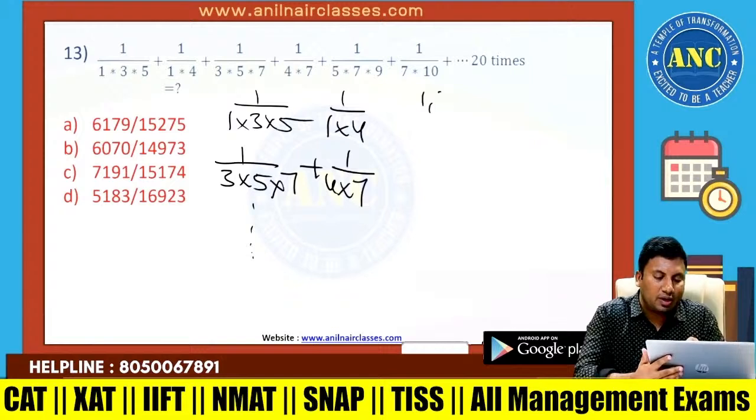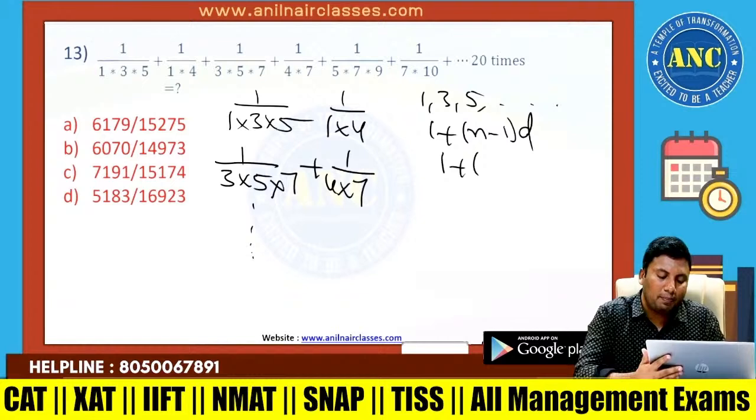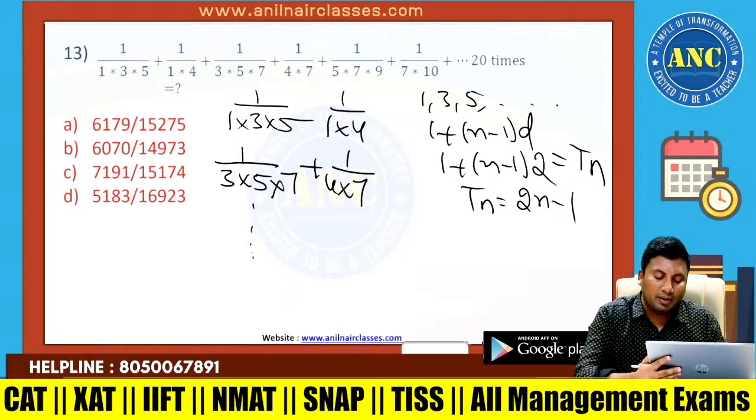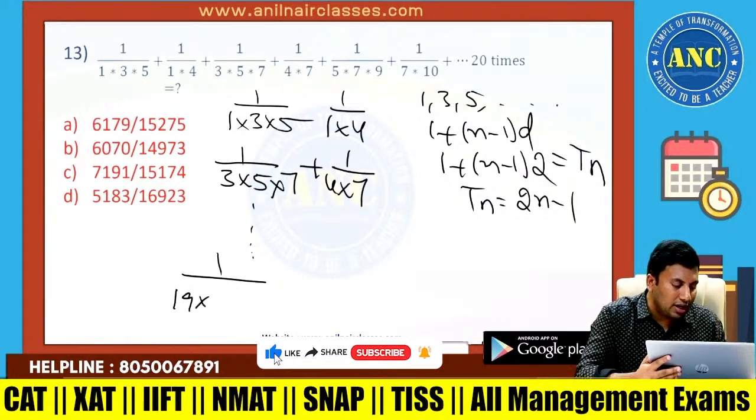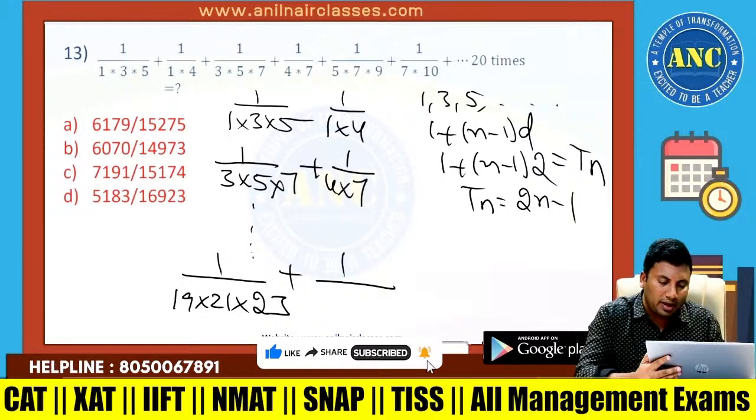So if I take 1, 3, 5 and so on, A plus n minus 1 into D, A plus n minus 1 into 2. These are nothing but Tn is 2n minus 1. So the 10th term will be 20 minus 1, 19. 1 by 19 into 21 into 23, plus 1 by 1, 4, 7 and so on.